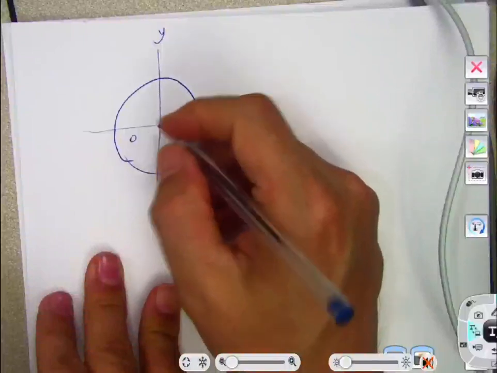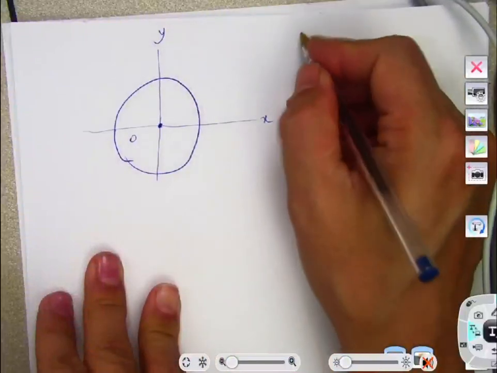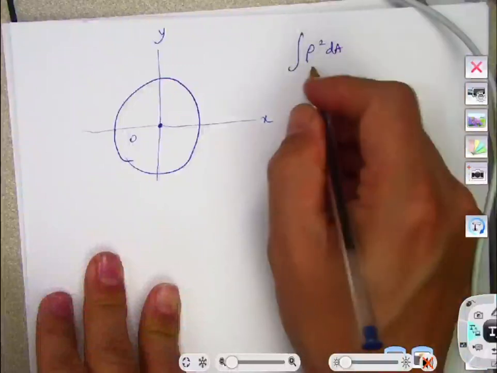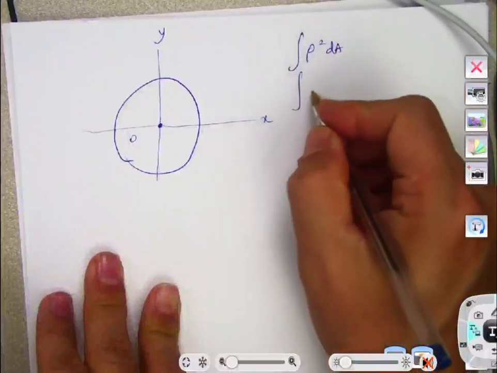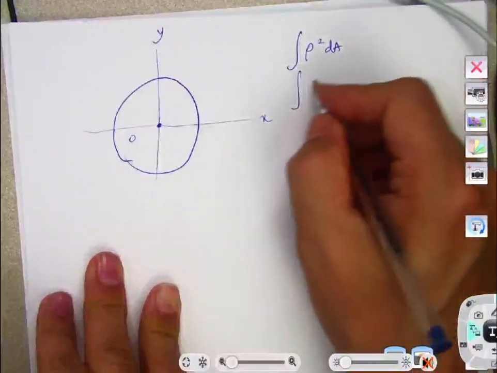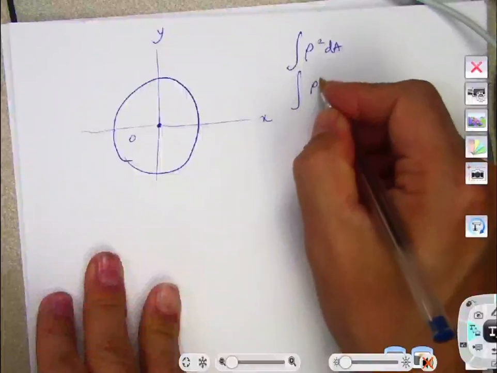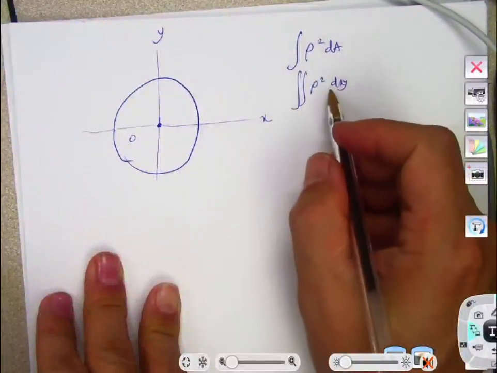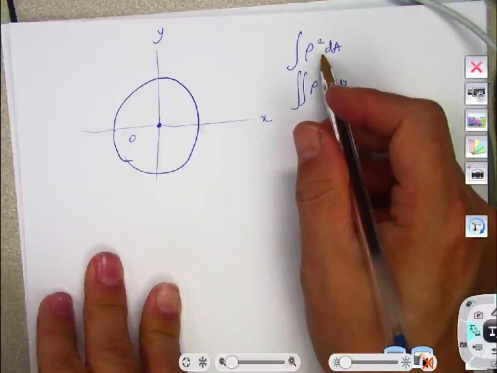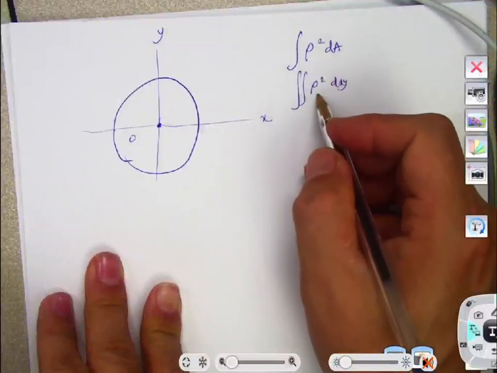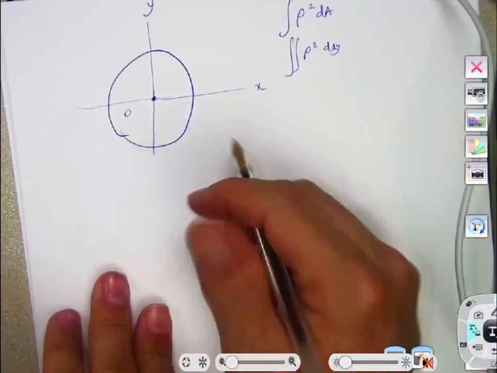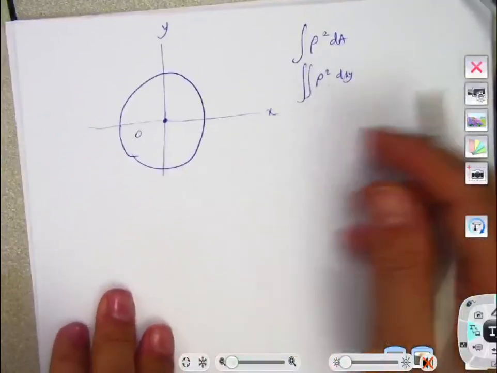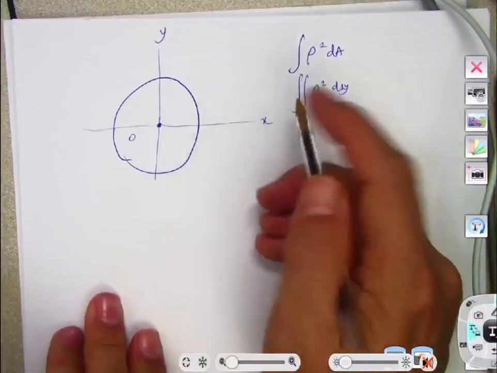Okay, so again, technically this is the polar moment of inertia. If you consider a differential element, this could be a double integral. That may result in a double integral. But I'm going to show you how we can avoid this and use a single integral.